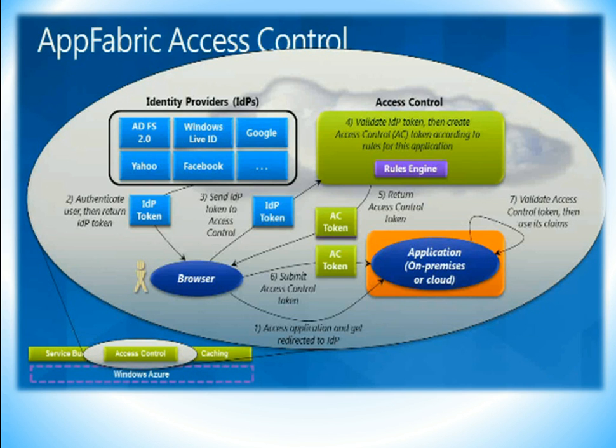There's a rule engine which kicks in out there and returns the access control token back to the browser. The browser then picks up that token and sends it to the application. The application validates the token, checks the claims, checks whether you've got the right authorization, and goes ahead and gives it to you. So access control is an important piece.